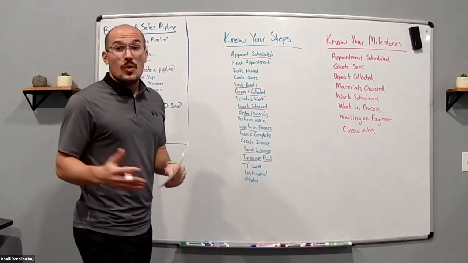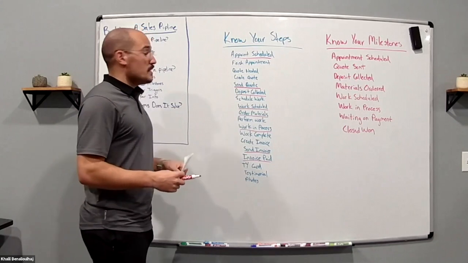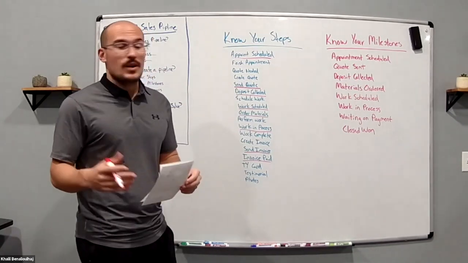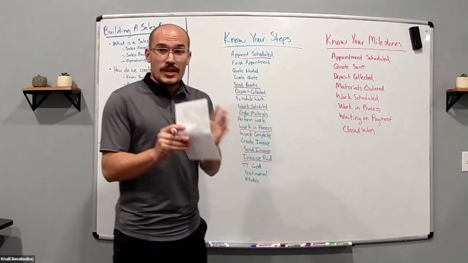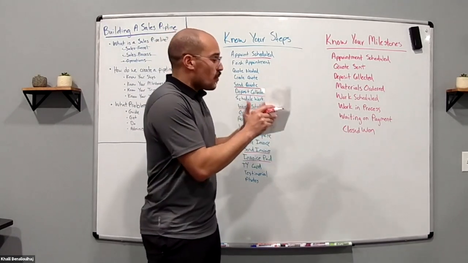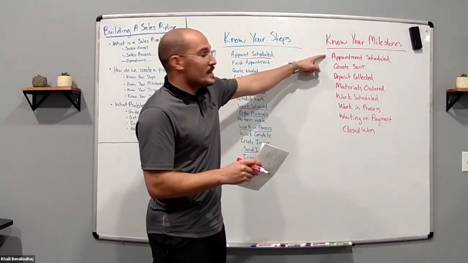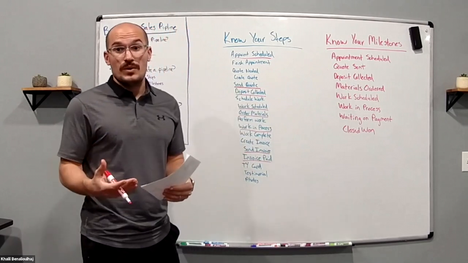Maybe for you, a quote actually takes a lot longer, right? And it takes you about a week to generate that quote. Well, maybe you need to have a quote needed stage because a deal that you're working on, a project, an opportunity, is going to go from appointment scheduled to then quote needed. And that's going to give you a trigger of, hey, I need to generate that quote, right?